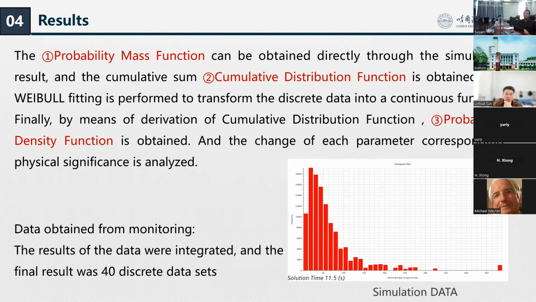We can obtain the data from numerical simulation and get the probability mass function. After this, we can sum the data and get the CDF, and finally, by means of derivation of CDF, we can get the PDF, probability density function.